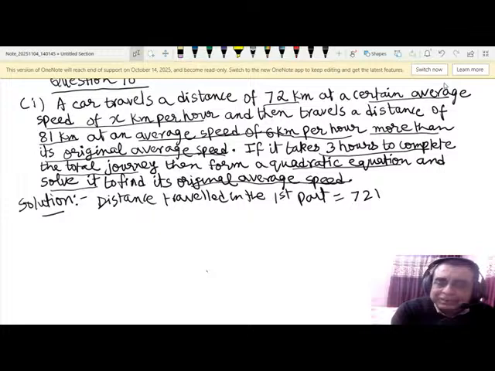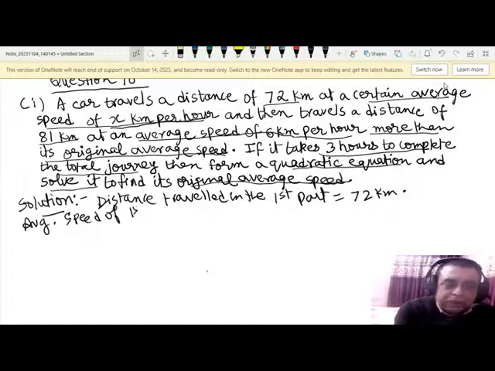It is 72 kilometers, and we are told to take the average speed of the first part as x kilometers per hour.